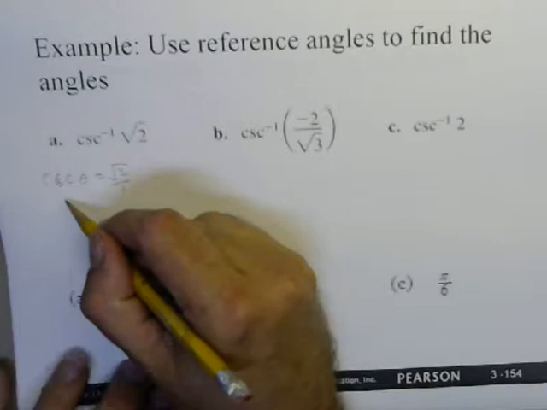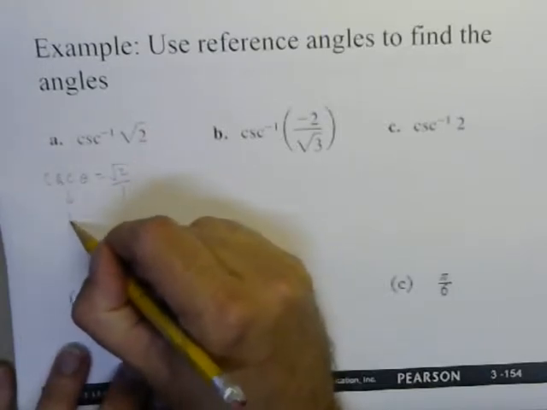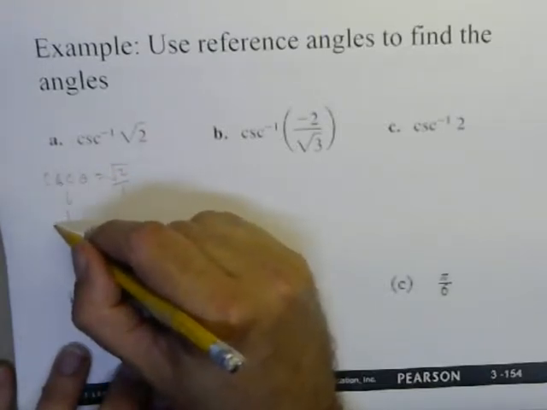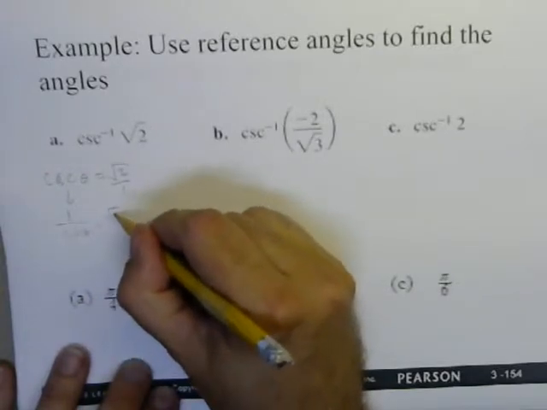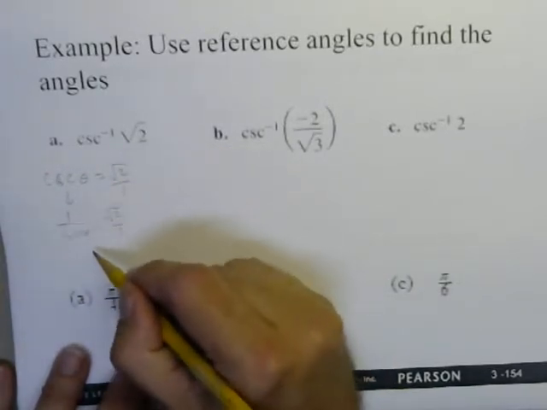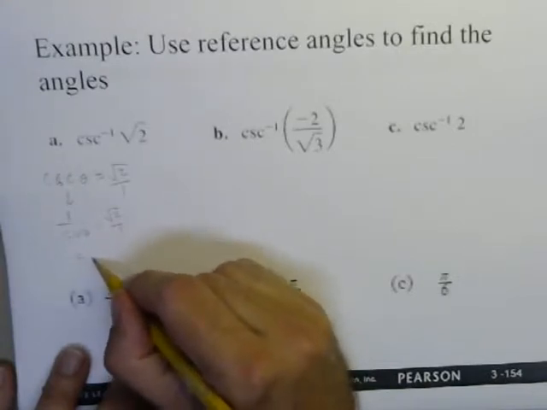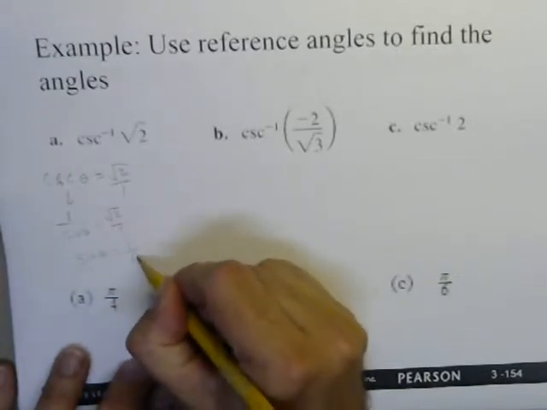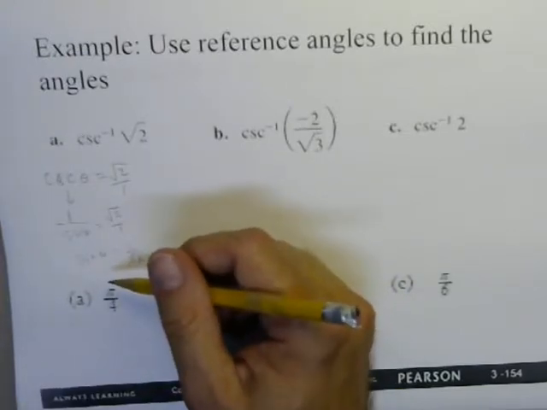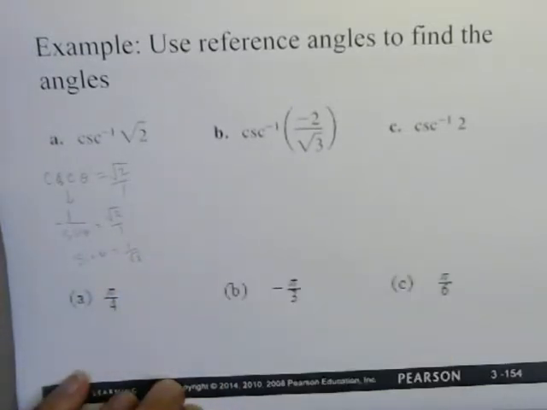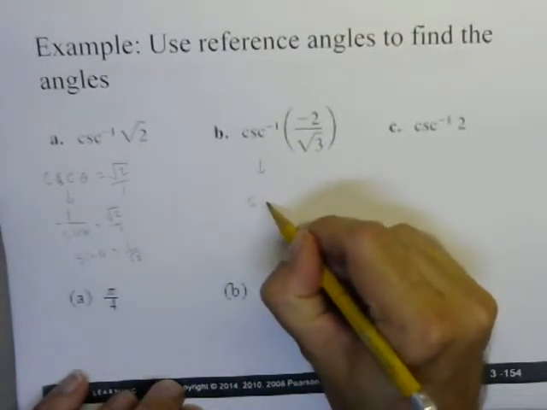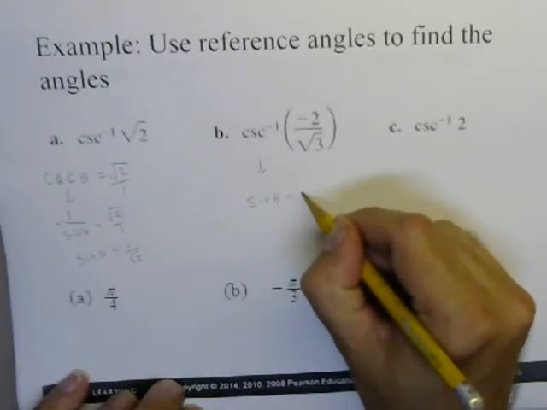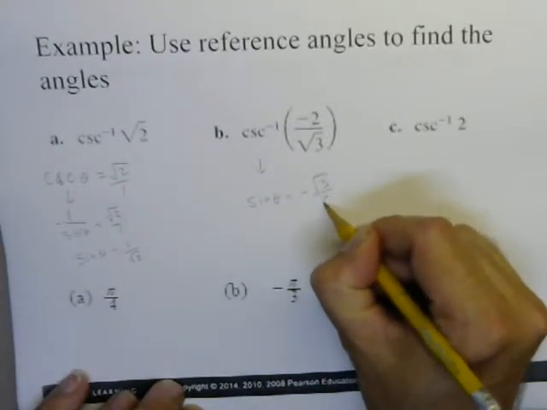Now remember that cosecant is the same thing as 1 over sine. So you could think of that as sine of theta is equal to 1 over the square root of 2. And if you think about that, that would be pi fourths. Similarly, you could think of this as the sine function that would give you negative square root of 3 over 2.